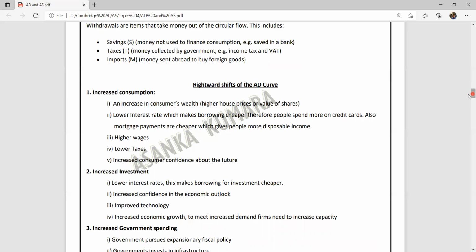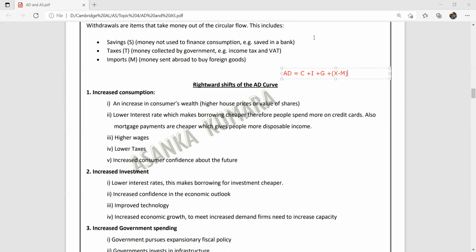Whenever components included in aggregate demand increase, what are the components? Once again, aggregate demand equals C plus I plus G plus X minus M. If any component of the aggregate demand increases, definitely the AD curve shifts to the right.